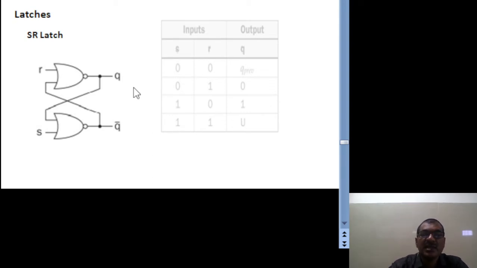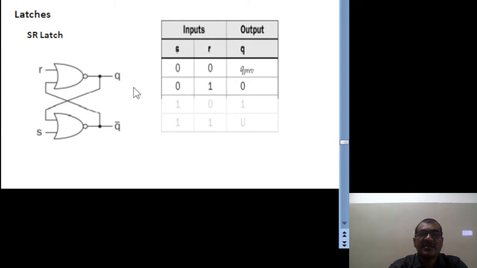That means if previously the state of the latch is reset, it always stays in the reset state, or if it is a set state, it stays only in the set state. So for 0 0 input, the SR latch maintains the same state.